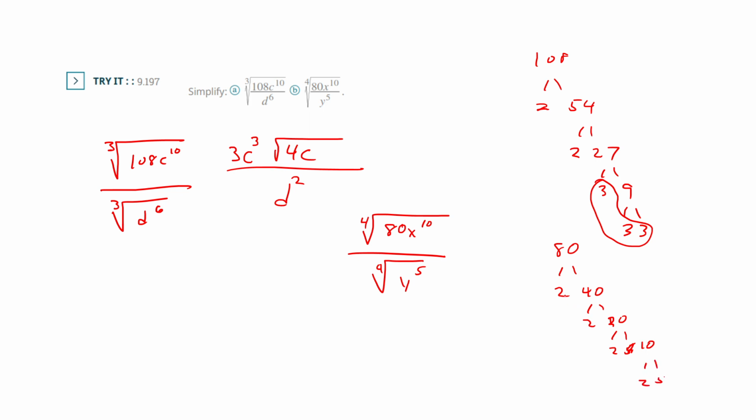Okay, we're in the world of 4, so I can bring out a single 4. There's 4 2's here. So it leaves a 5 that didn't partner up and leaves a couple x's that didn't partner up. And on the bottom, 5 y's lets me bring 1 out, and leaves 1 y behind.